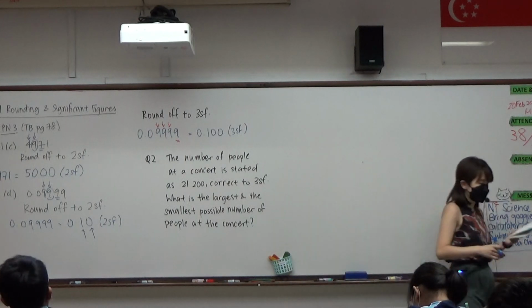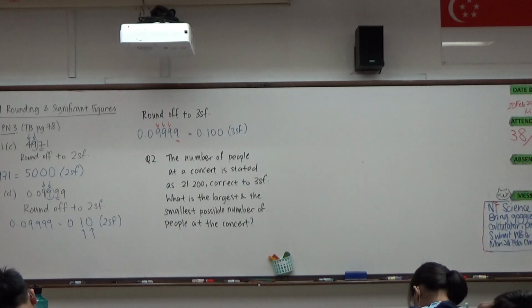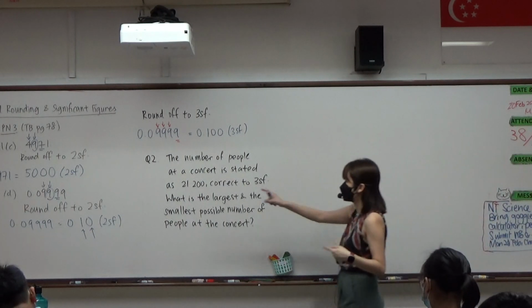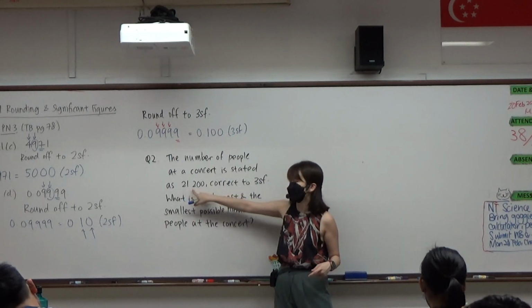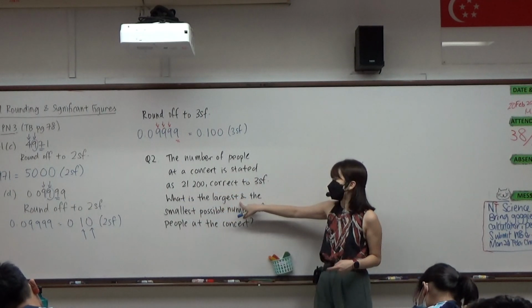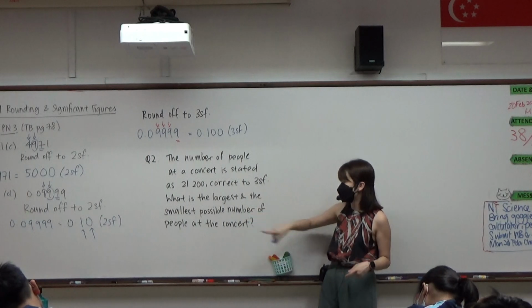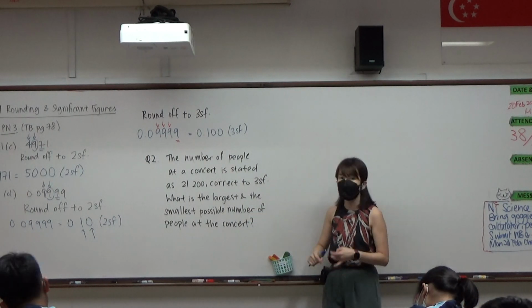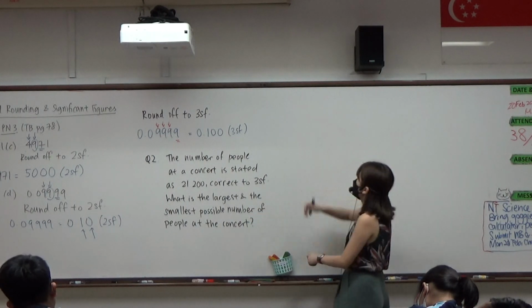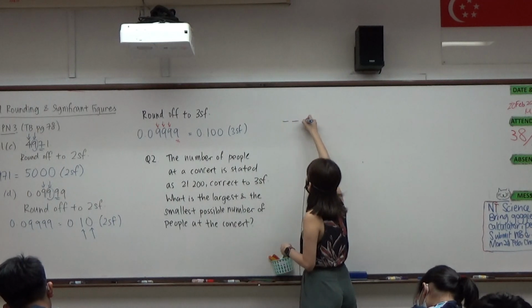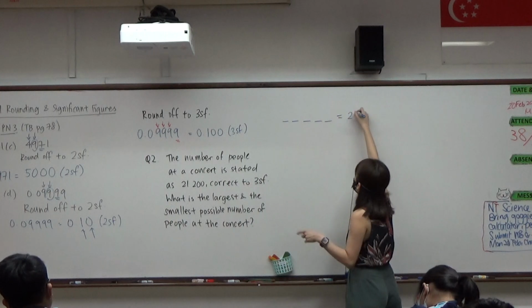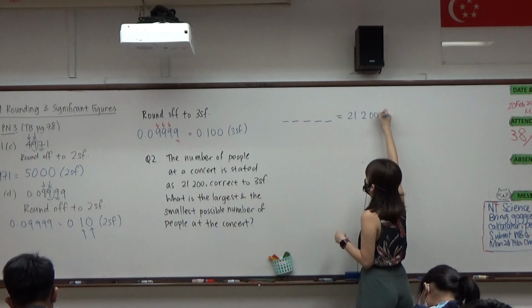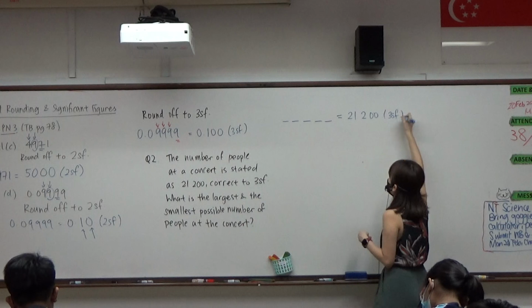Question 2 says that the number of people at a concert is stated as 21,200, after correcting to 3SF. So this number is 3 significant figures. The question asks what is the largest and the smallest possible number of people at the concert itself. That means there is a number before we rounded it off to 21,200.